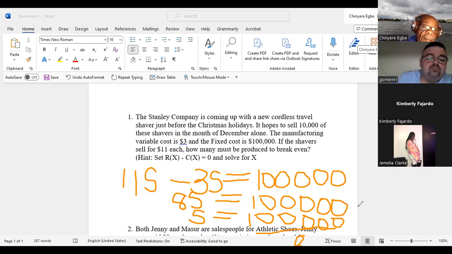So you might then say, maybe if I reduce the price to $8, now that would mean 8 minus 3 is 5. If you divide 5 into 100,000, it's now 20,000. So now you need to manufacture 20,000. Then you ask yourself, by reducing the price from 11 to 8, will that make more people buy it?